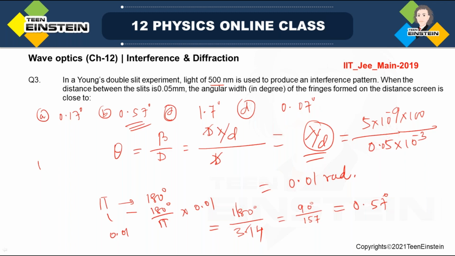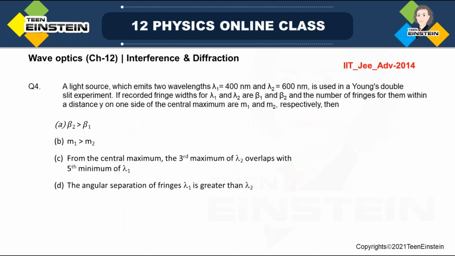This is how you can find out problems from here. One more last problem we'll take for today, and next I will rigorously concentrate on the diffraction part and also the polarization part. So this is from JEE Advanced 2014.